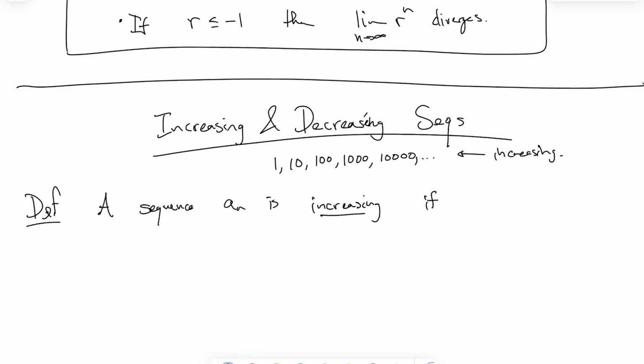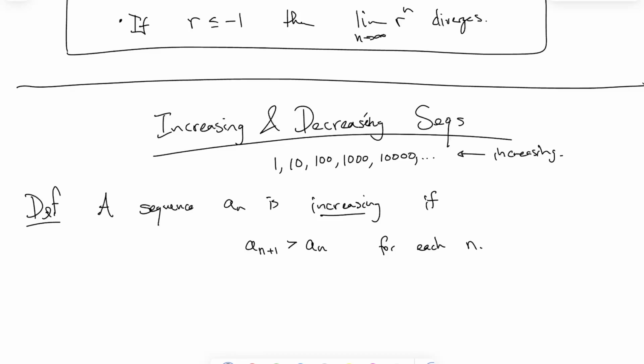I want to say that in a more technically appropriate way. I don't want to just say they keep getting bigger. Can anybody say this in a nice way? Yeah, like this. She said, this is exactly what I was going to say. a_(n+1) greater than a_n for each n.